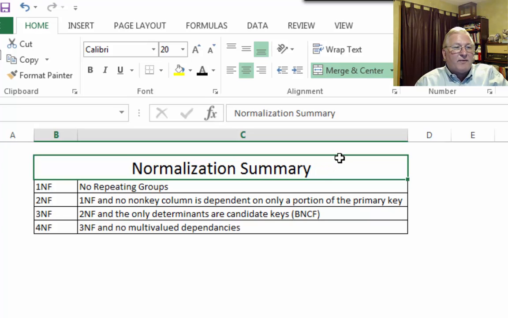No non-key column is dependent on only a portion of the primary key. Once we take care of any of those situations, we need to look at the third normal form, which is all the tables are in second normal form, and the only determinants are candidate keys. And then finally, fourth normal form has to be in third normal form, and no multi-valued dependencies.